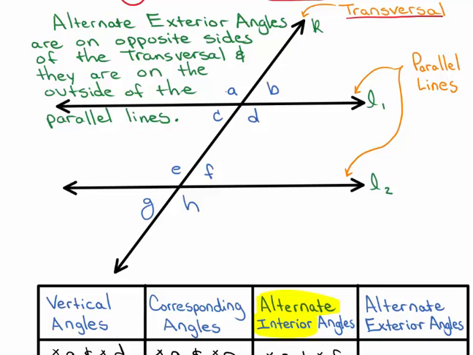So here, A would be an alternate exterior angle with H.